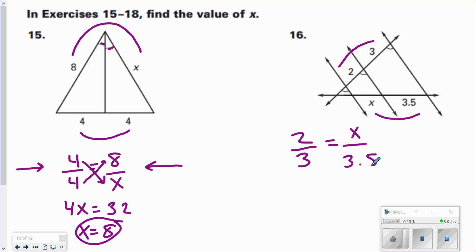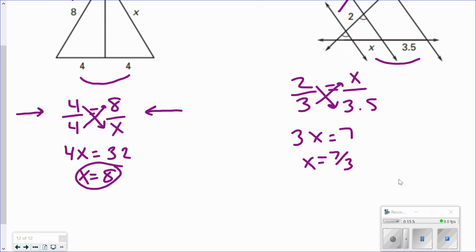Cross multiply. 3 times x is 3x. 2 times 3.5 is equal to 7. Now we do get a ratio here of 7 over 3. And so I would just keep it like this, and we have found our x value.